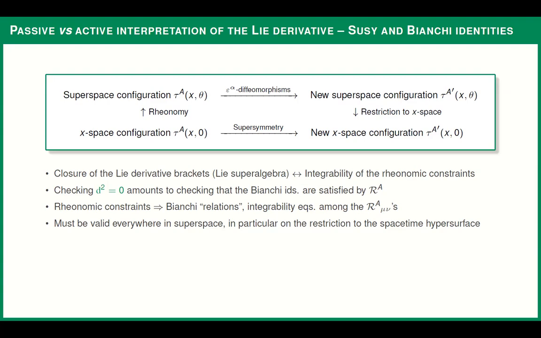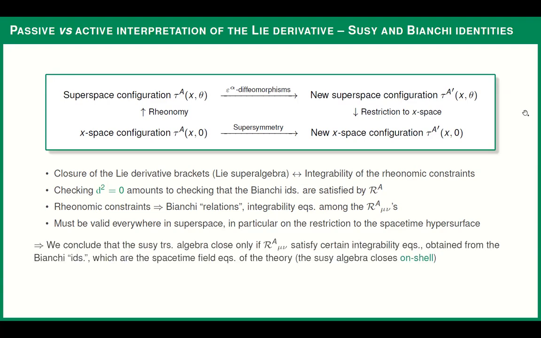So this is just one thing that I wanted to add: given this construction as it is built, because of this integrability condition, we can lift to superspace a priori only those configurations that fulfill the space-time field equations of the theory, and so the Bianchi identities close only on shell.